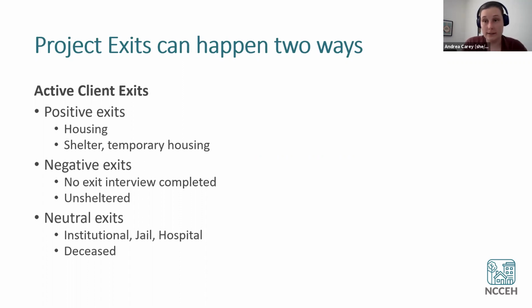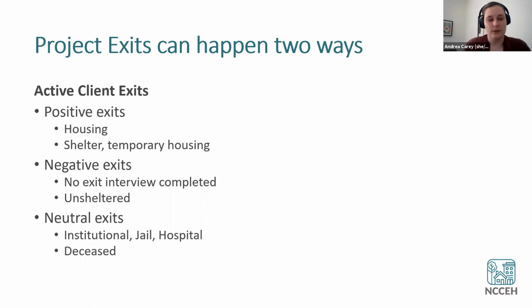You might have a positive exit, which means connecting someone to shelter, temporary housing, or potentially permanent housing. That's definitely positive. There might be negative exits or unknown exits, unsheltered exits. You may just need to part ways because they're not interested in working with you anymore.